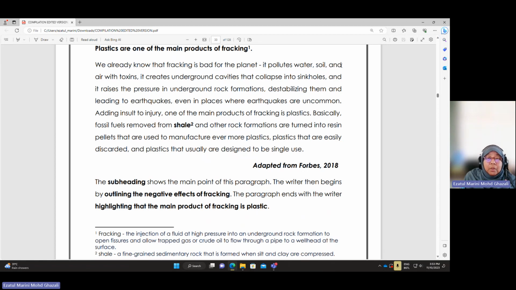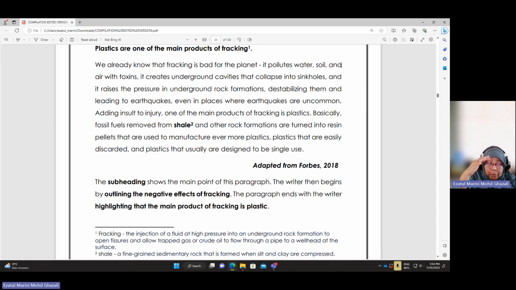Because it pollutes water, soil, and air with toxins. That is one point. And then it also creates underground cavities that collapse into sinkholes. Also, it raises the pressure in underground rock formations, destabilizing them and leading to earthquakes. We see three main negative effects of fracking, right?